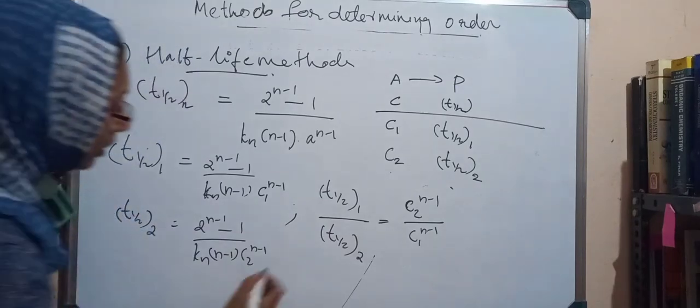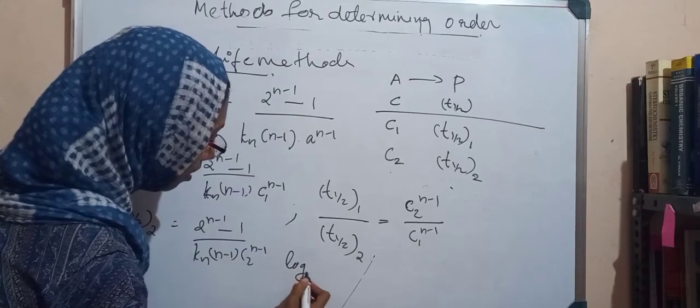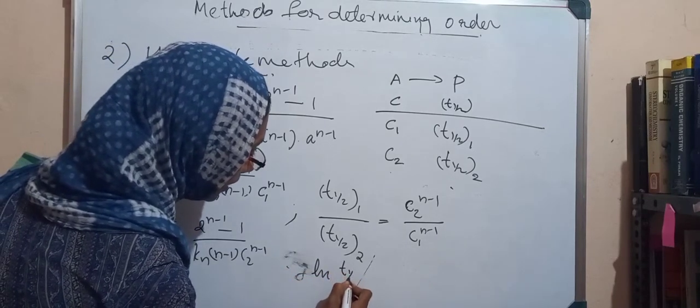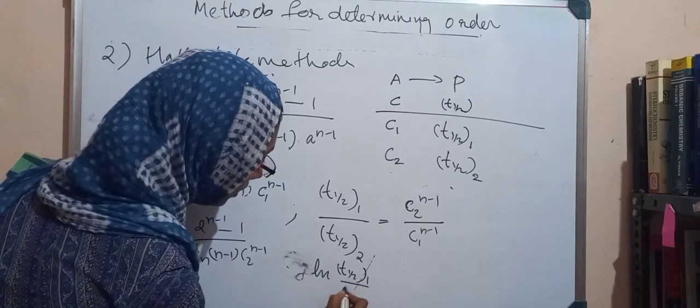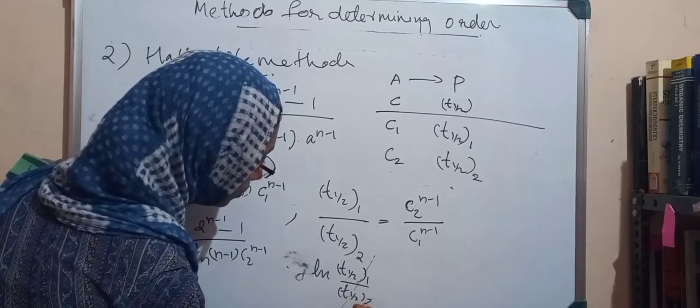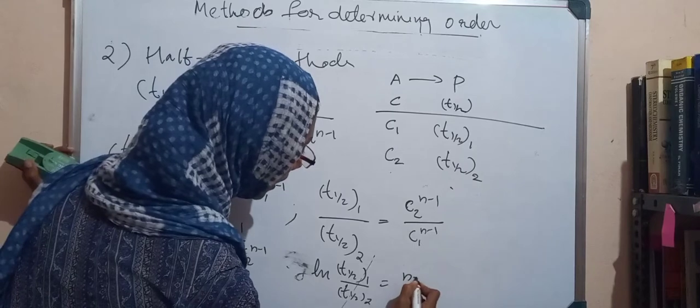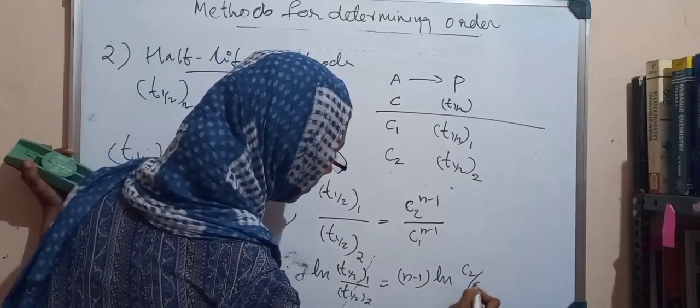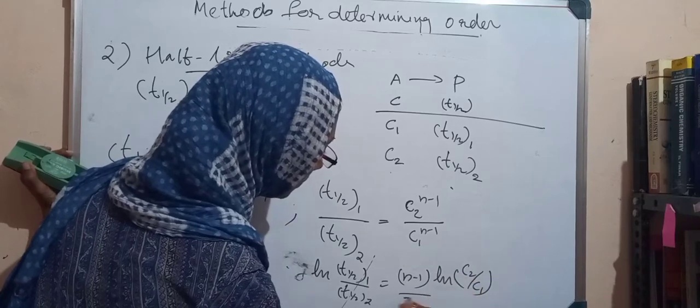Then taking the logarithm, ln T half 1 divided by T half 2 is equal to n minus 1 into ln C2 by C1.